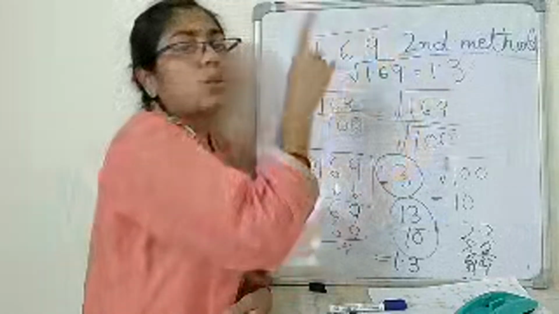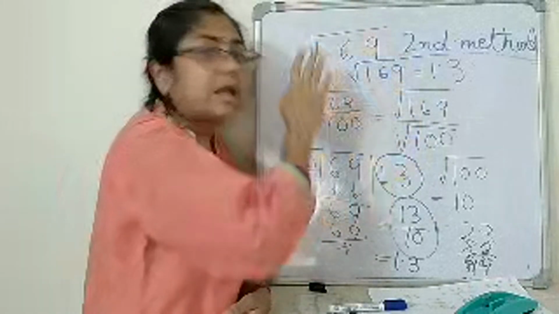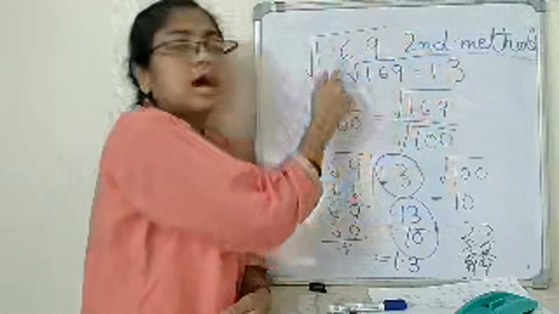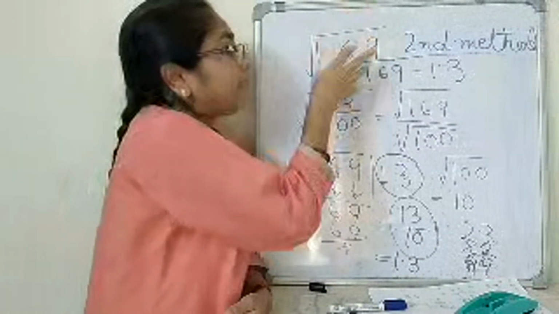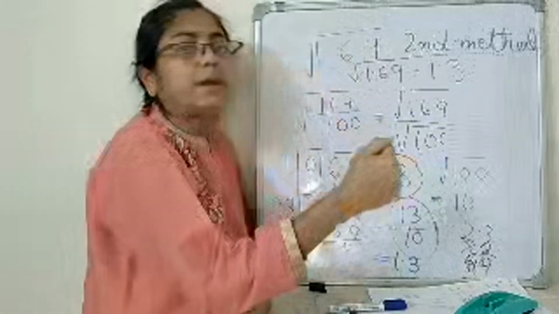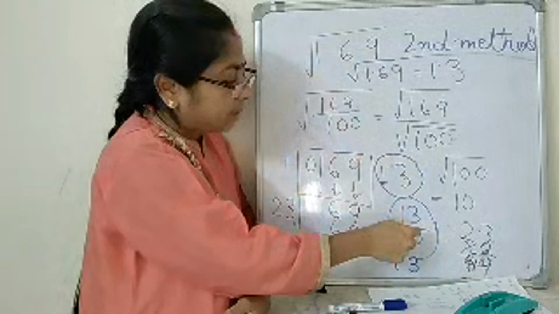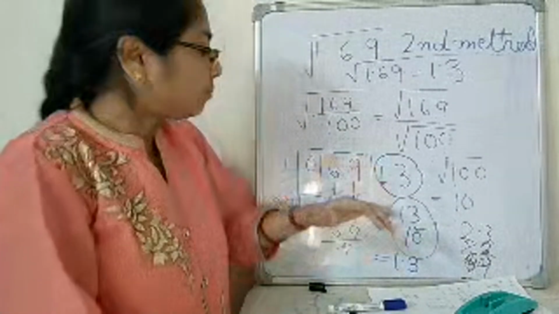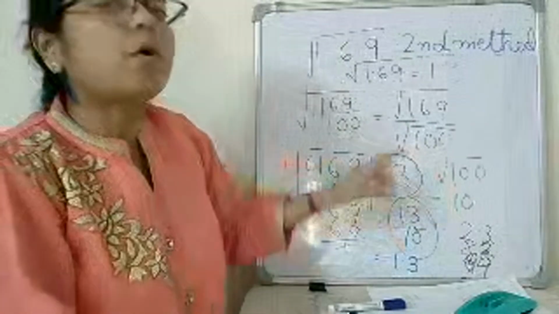Never say one sixty-nine; always say 1.69. I start from that point and find the square root of the decimal, so our answer should be a decimal. Then 13 by 10 means 1.3. Clear? Don't miss that part. Please focus on that part.